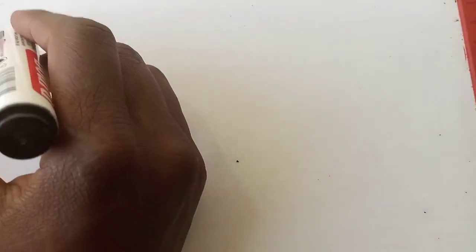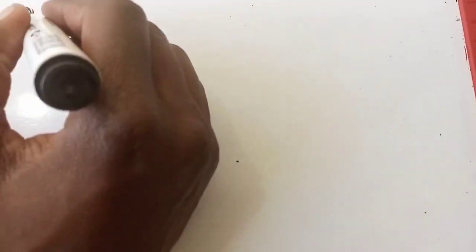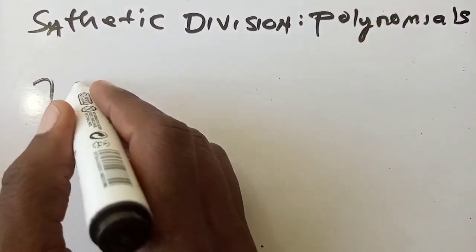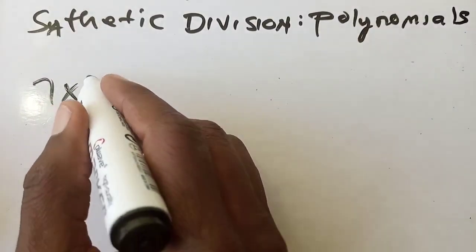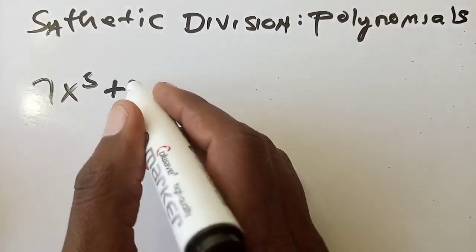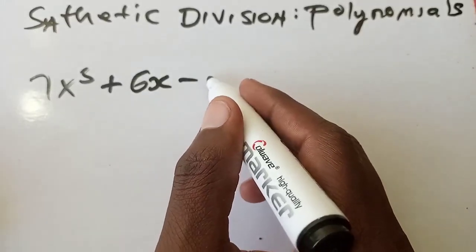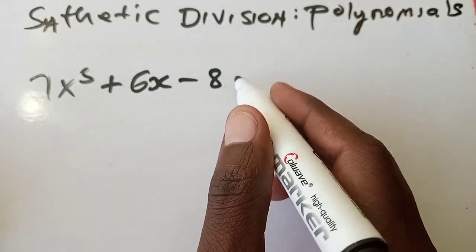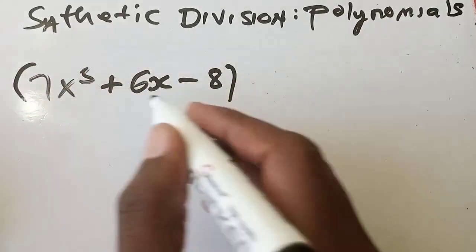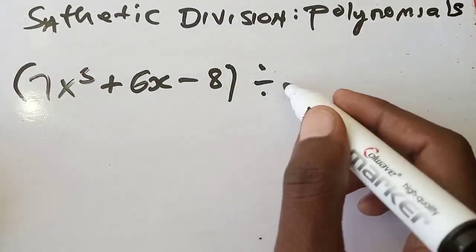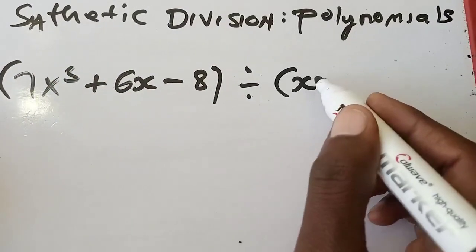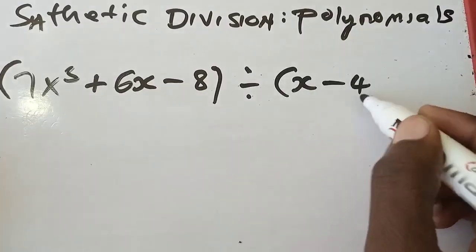You find questions like this: 7x cubed plus 6x minus 8, and you are dividing it by x minus 4.